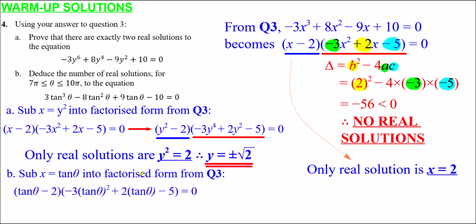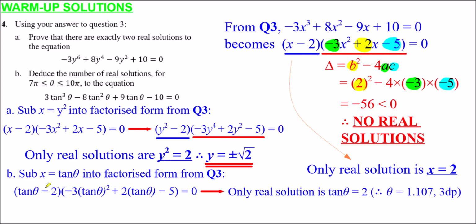And in the same way as 4a, this minus 3 tan squared theta plus 2 tan theta minus 5 equals 0, which is a hidden quadratic, again will have no solutions for the same reason about the discriminant I mentioned before. So the only solution here will be where tan theta minus 2 equals 0. So in other words, the solution is tan theta equals 2. So if you do tan minus 1 of 2 to 3 decimal places, the principal value of theta is 1.107.